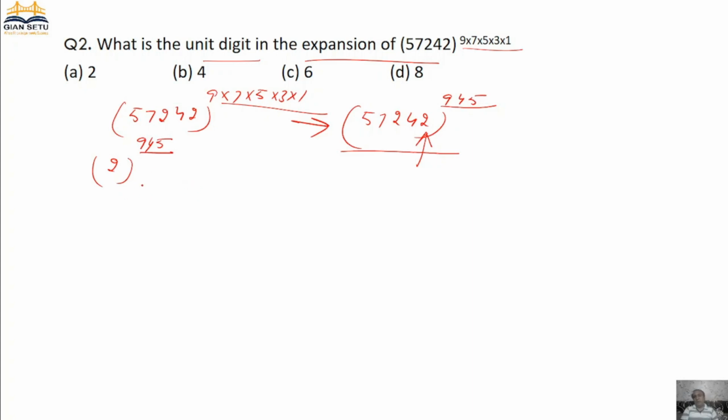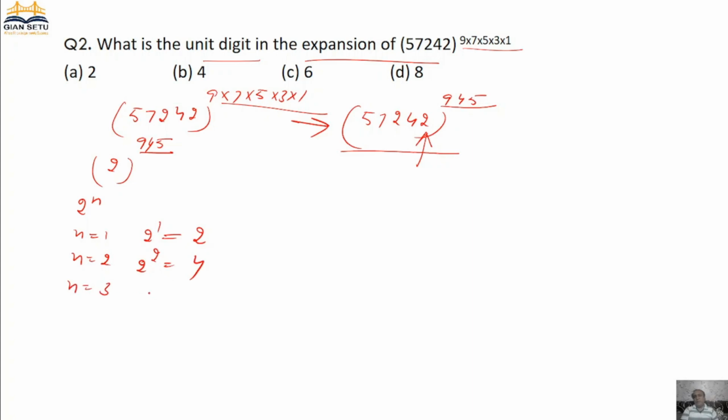Now let's see what is the cyclic pattern of 2 raised to power n. When n is equal to 1, unit digit will be 2, and when n is equal to 2, units digit will be 4.